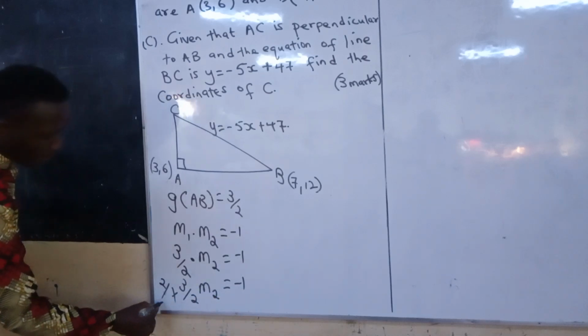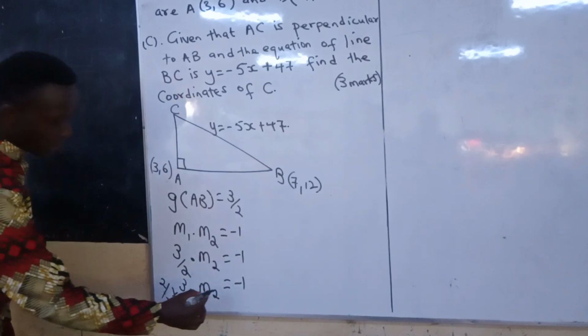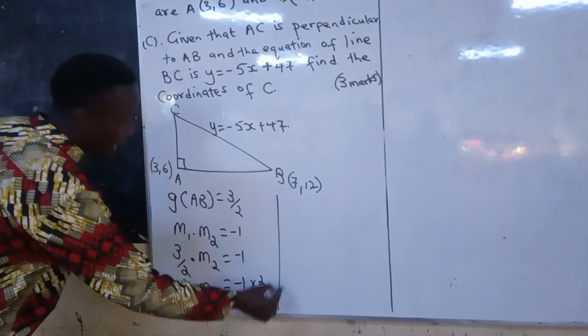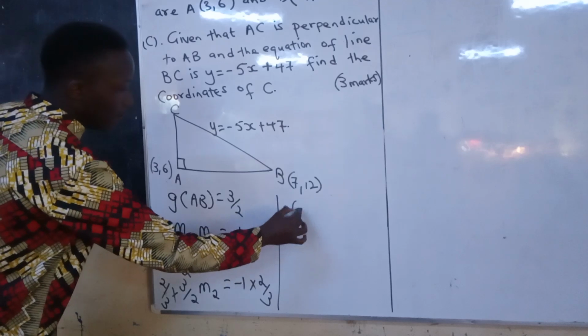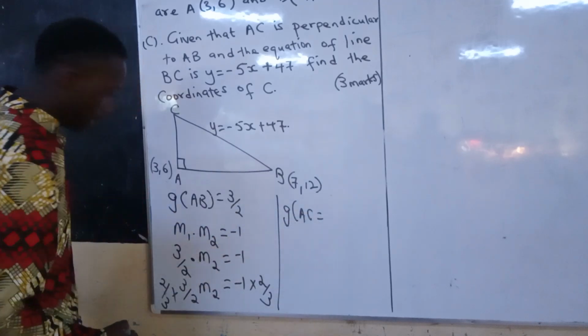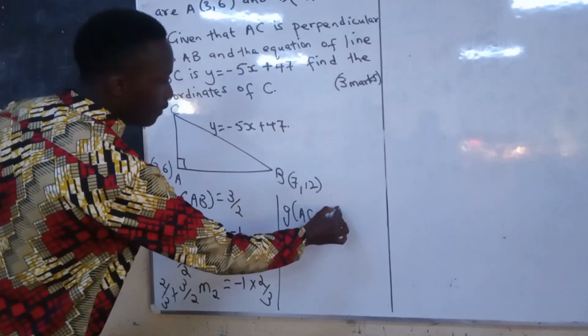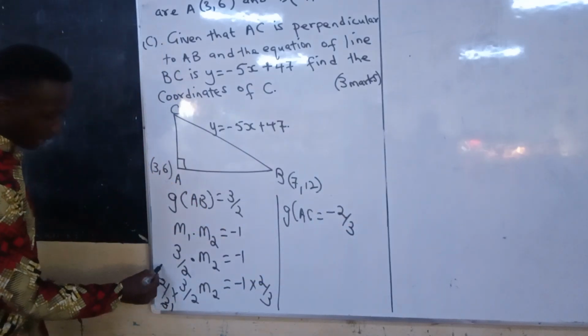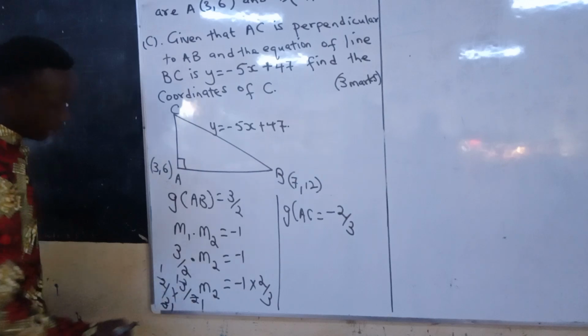We multiply both sides by the reciprocal, that is 2 over 3, and now we have the gradient of AC as negative 2 over 3. So the 2 and 3 cancel.